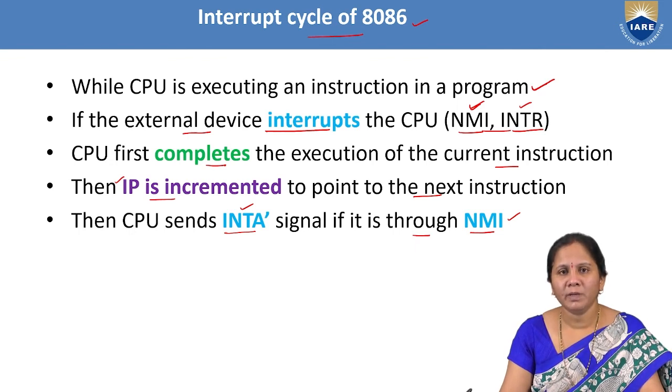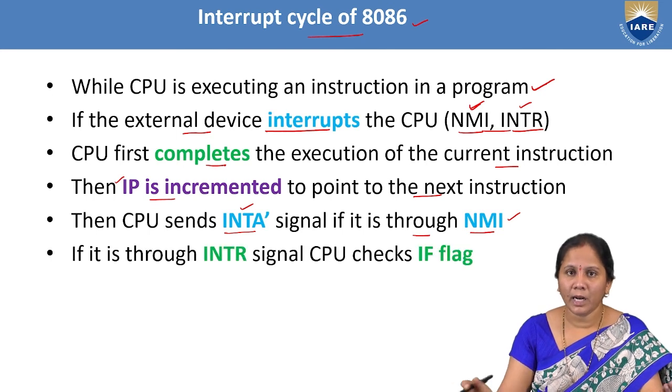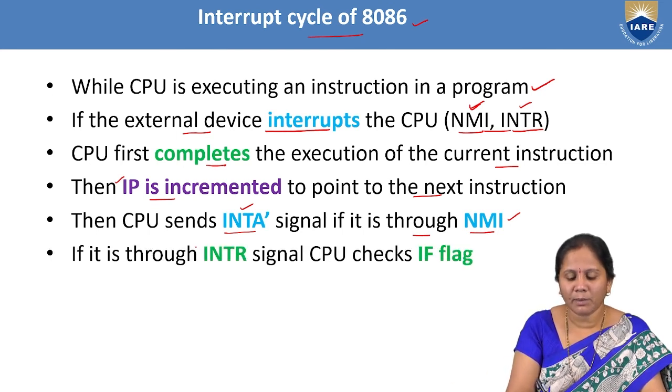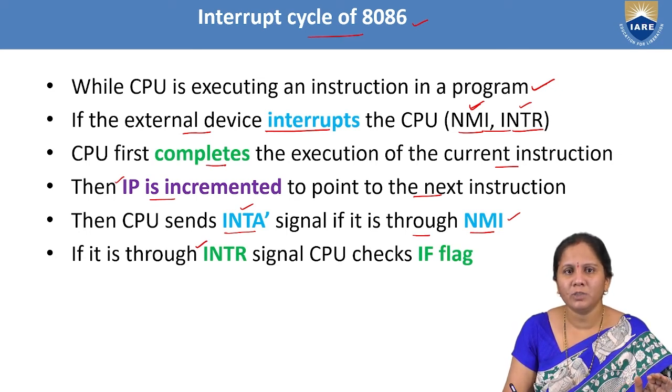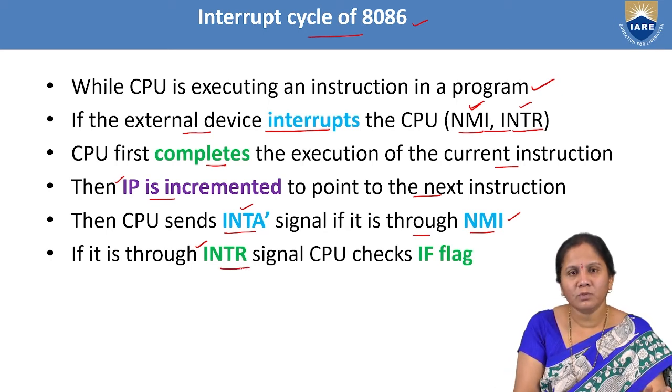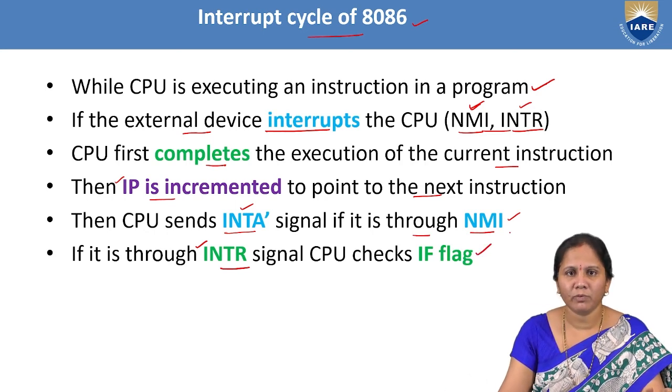In the other case, if the interrupt comes through the INTR signal, it does not send the acknowledgement signal immediately. First, it checks the status of the interrupt flag bit.